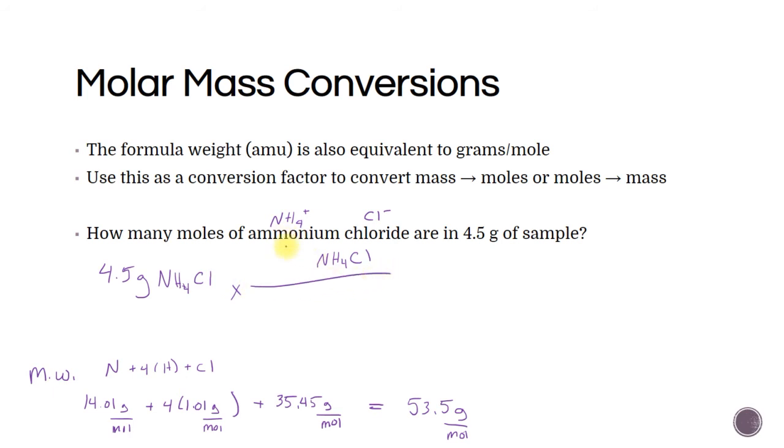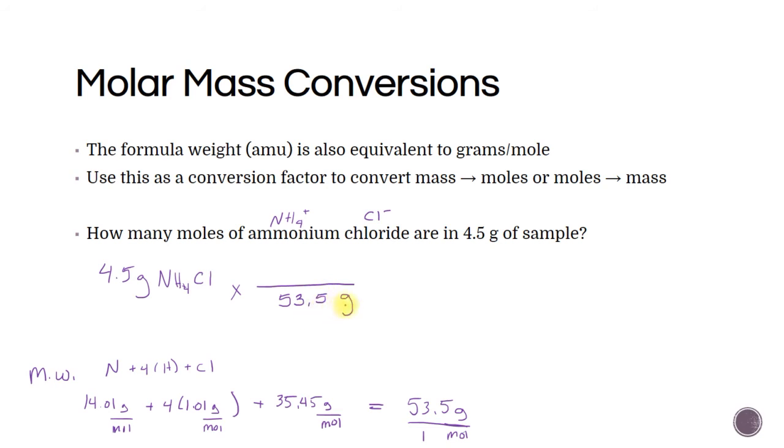In this case, that's very artistic looking, but not quite what I meant to do. I'm going to erase this out of my way too. Okay, so what we have to do is take that relationship, the fact that there's 1 mole for 53.5 grams, and I have to cancel grams because that's what I'm starting with. So that means it goes on the bottom with that 53.5.